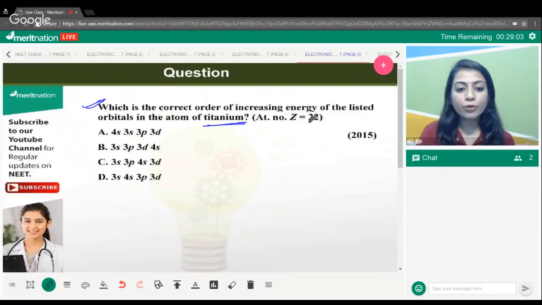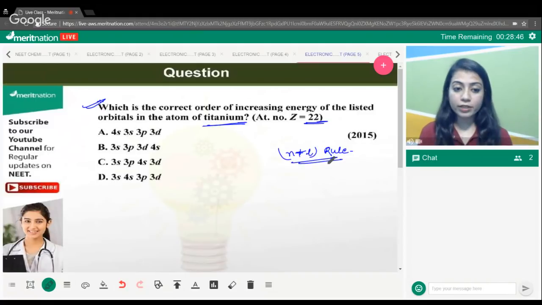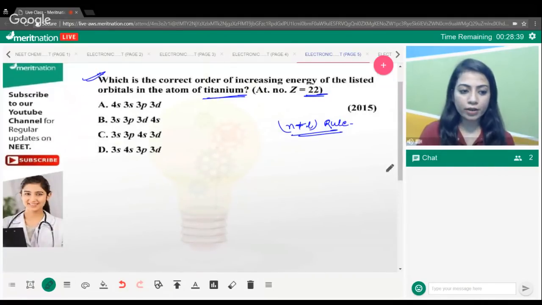The atomic number of titanium is 22. Now, in order to arrange them in increasing order, there is a rule that is followed. Which rule? It's the N plus L rule. The sum of the N and L quantum numbers tells us which orbital or subshell will have higher energy, right?